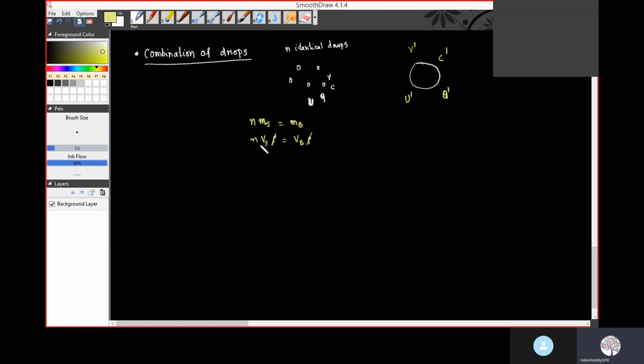So n times the volume of the smaller drop is equal to the volume of the bigger drop. So n into 4 by 3 pi r cube is equal to 4 by 3 pi capital R cube. The 4 by 3 pi gets cancelled, so capital R cube is equal to n into small r cube.